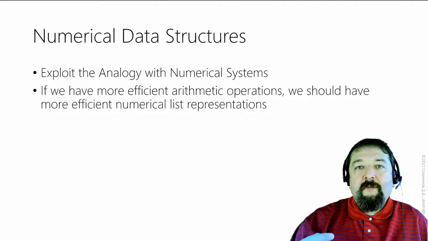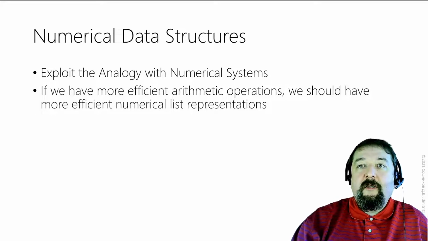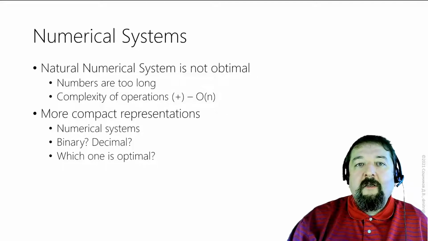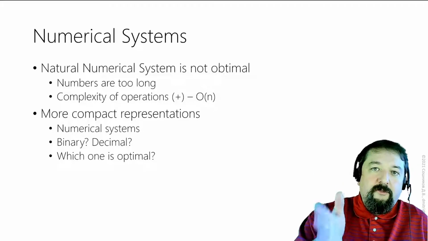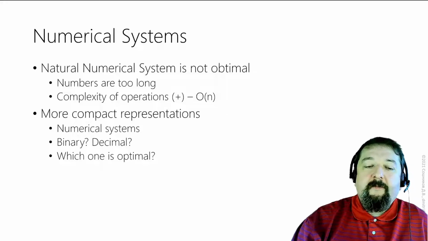We can probably think of some more efficient ways to implement lists, which are similar to using a numerical system with higher base. So for example, in the decimal system, we can add numbers faster because the complexity of addition, if we add them digit by digit, corresponds to the number of digits, and the number of digits is logarithmic.